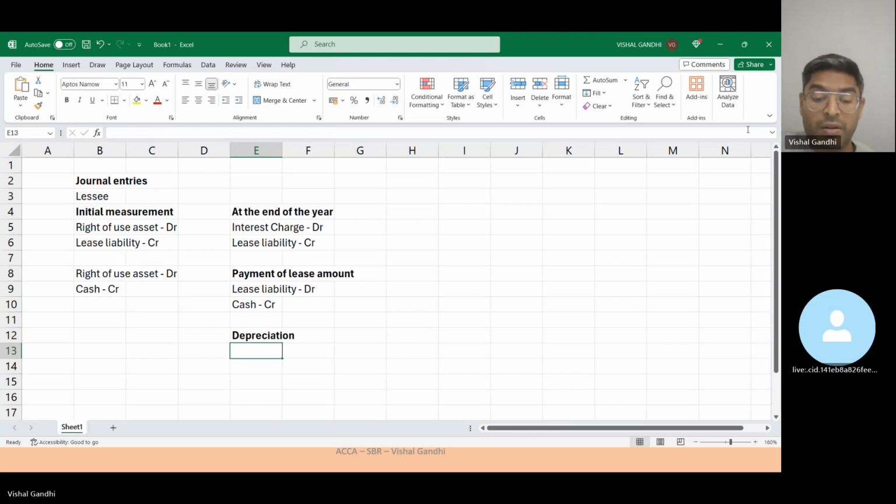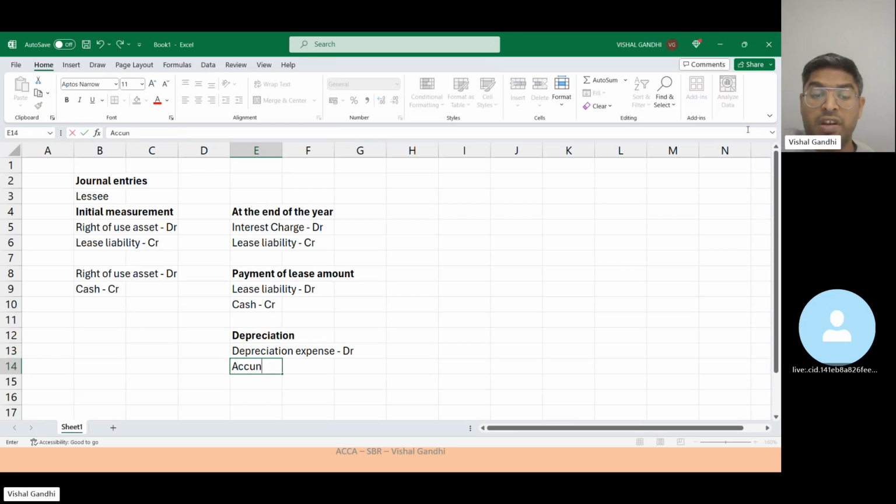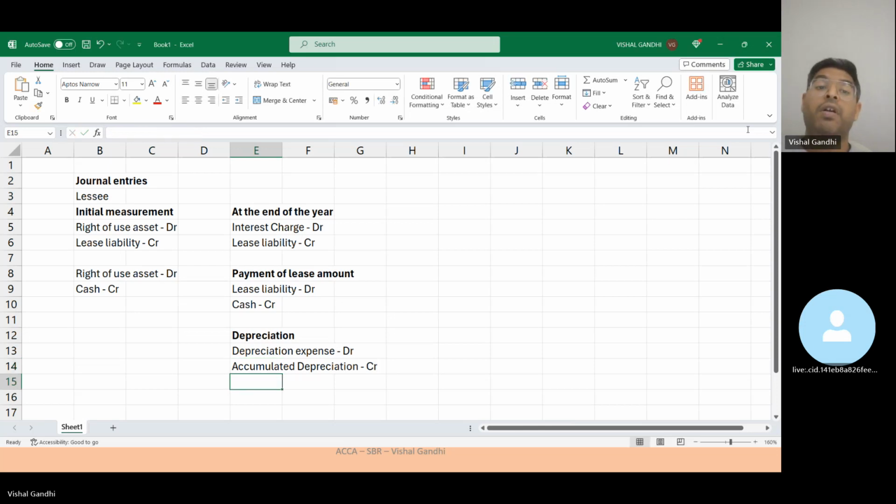Depreciation expense debit, accumulated depreciation credit. So all these journal entries will happen in the initial measurement and at the end of each year.